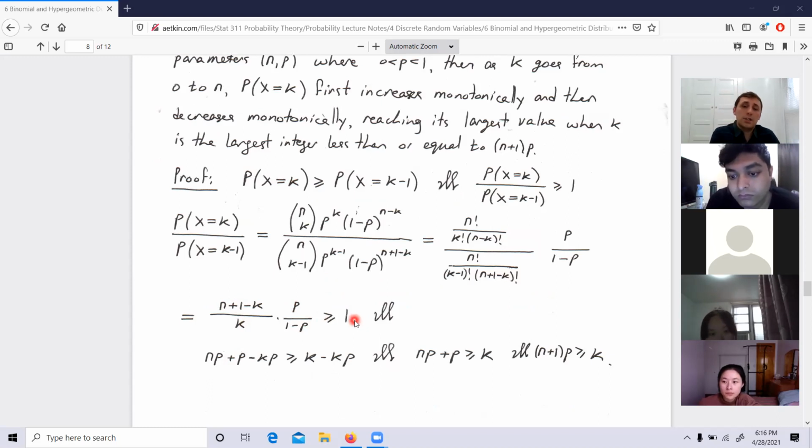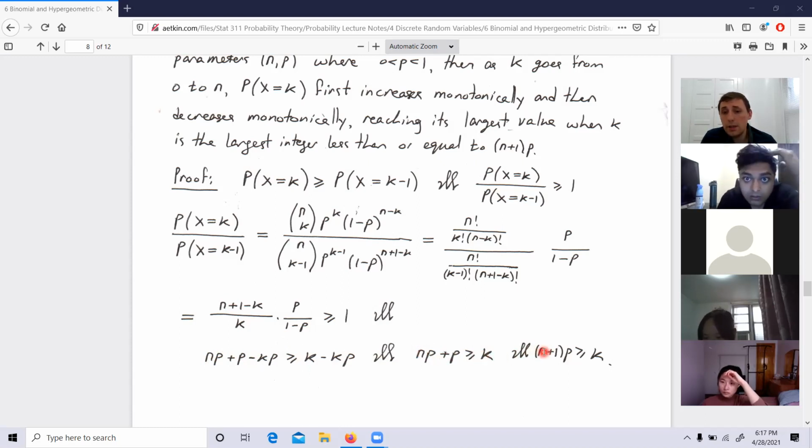And I can rearrange this entire thing to have p's on one side and k on the other side, because I want a statement in terms of k. When I rearrange it, I just multiply it across, and I have p multiplied through here. So I have np plus p minus kp is bigger than or equal to k minus kp, and the result is simply that np plus p is bigger than or equal to k.